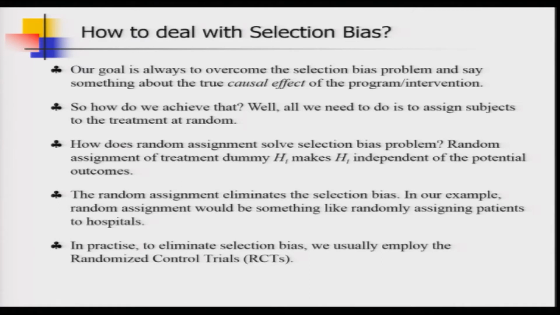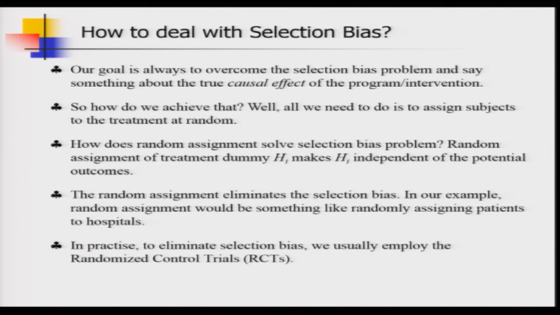So, the major problem is selection bias. How to deal with selection bias? Our goal should be to overcome the selection bias problem and say something about the true causal effect of the program or the intervention. But how to achieve that? Of course we can go for random assignment, but does it solve the self selection problem?